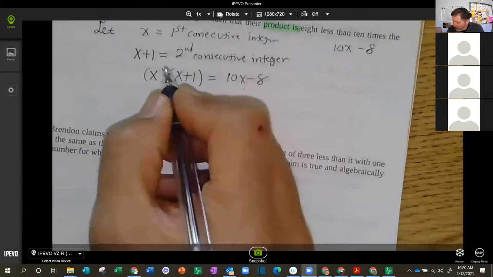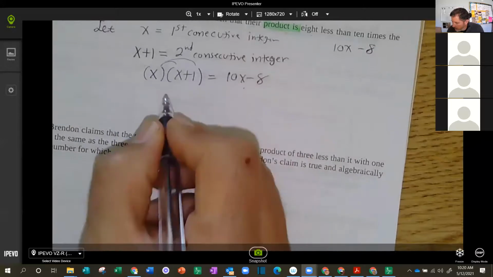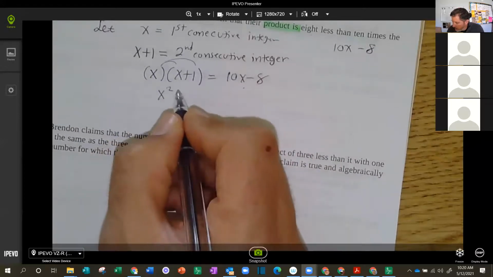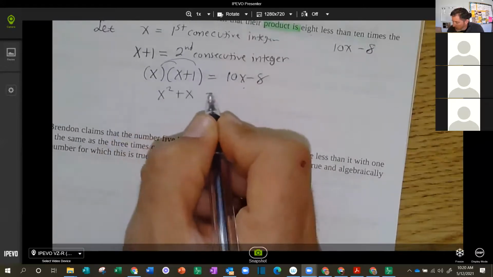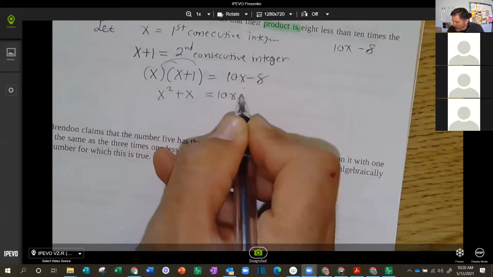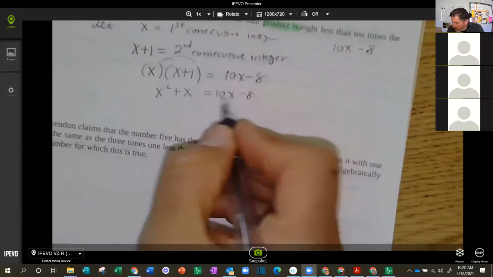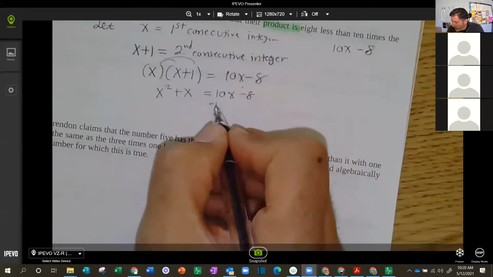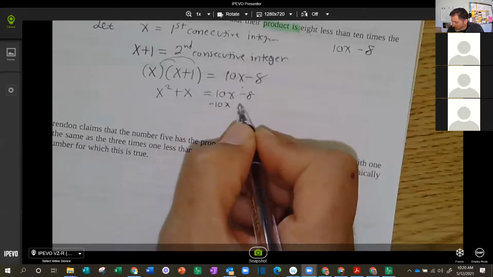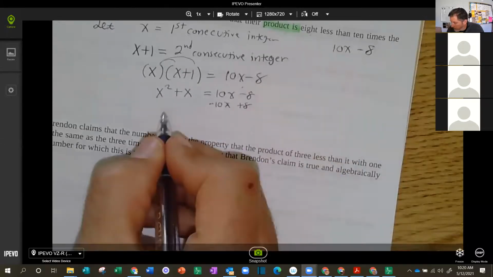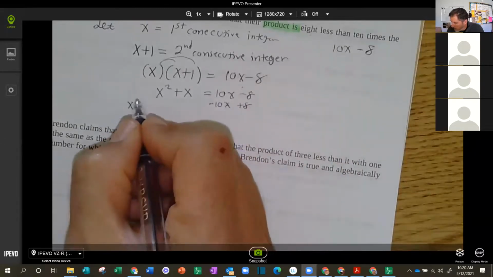All right, first thing I'm going to do is distribute the x. I get x squared plus x equals 10x minus 8. Now I'd love to just solve for it in one fell swoop, but I have to set it equal to 0. So I'm going to minus 10x from both sides and add 8 to both sides. So this is x squared.